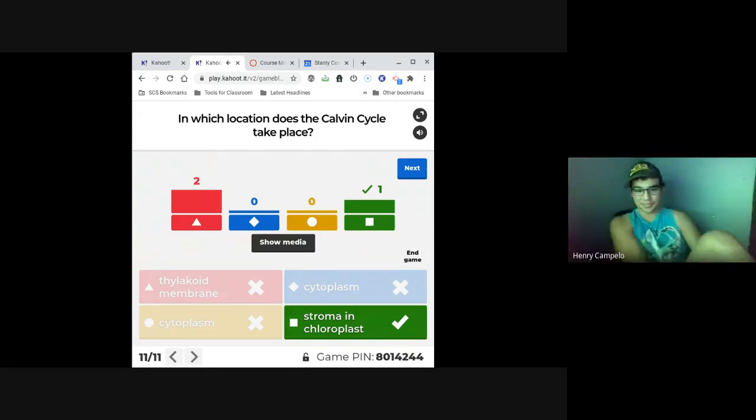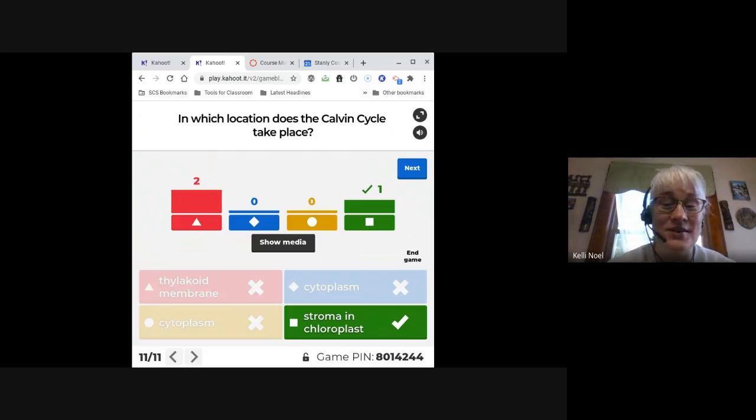Thylakoid membrane is also in the chloroplast, so that was a very good guess, but the membrane, remember, always goes with the electron transport chain. And then the other reaction, in both mitochondria and the chloroplast, goes in a cycle, and it's going to be in a non-membrane area. And so in the chloroplast, that's the stroma.